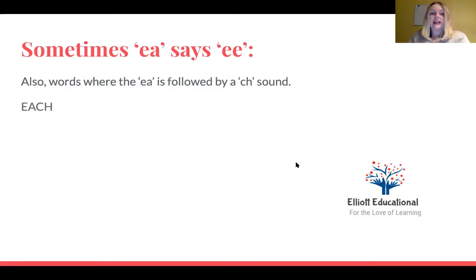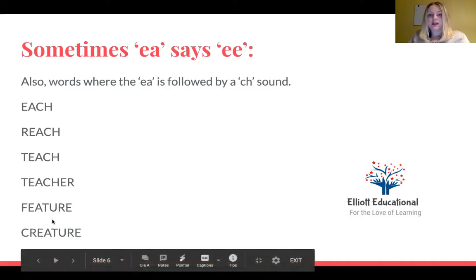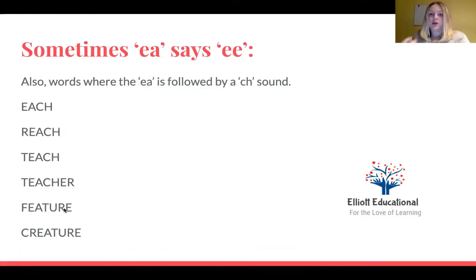So we have each, reach, teach, teacher, feature, creature. So here in feature and creature, it is a slightly different sound, but it's much closer to a ch sound than a t sound, which is what a T usually says in English, as you know.